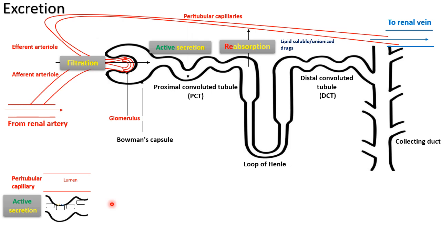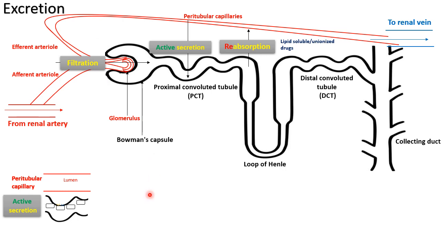Okay, and for our drug to pass from the lumen of the peritubular capillary into the tubule, it must pass through these cells, and it's called active secretion. So we need a carrier and energy supplied in the form of ATP.